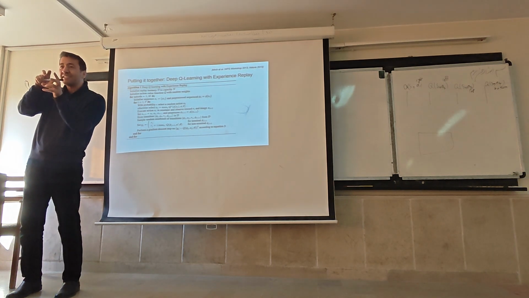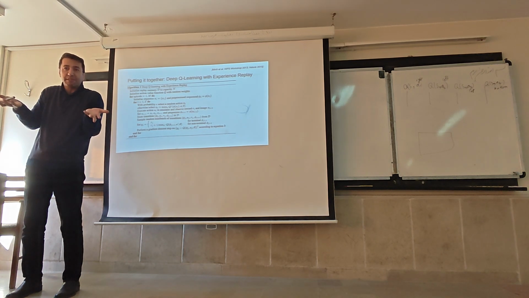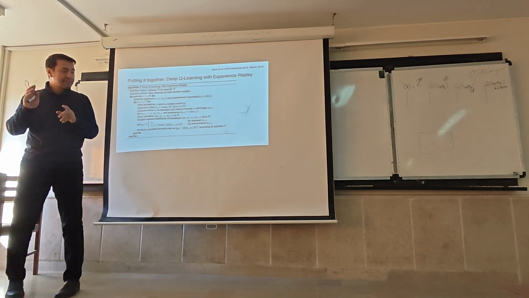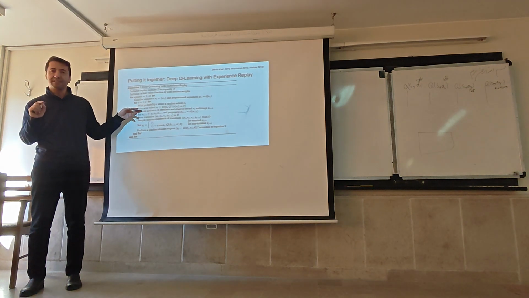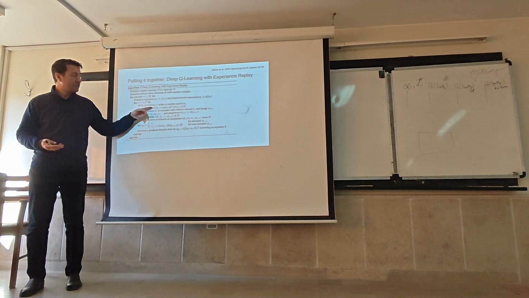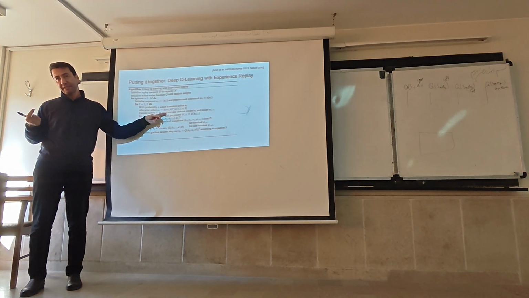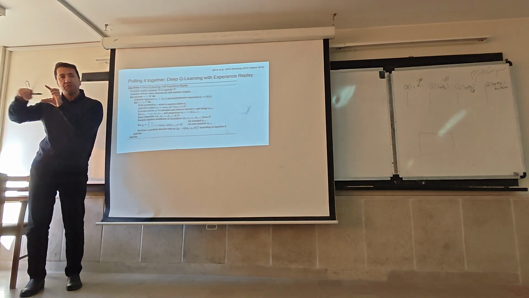If I want to select the best one, all of them are zero, so none is the best. So at first we go randomly. That means we have two choices with a probability: we select a random action, or we select the best action. What is the best action? From those actions, whichever is the maximum, we go that way.